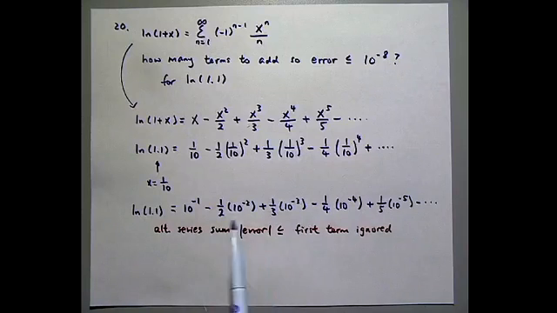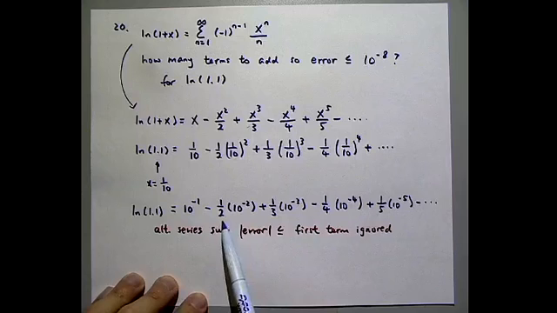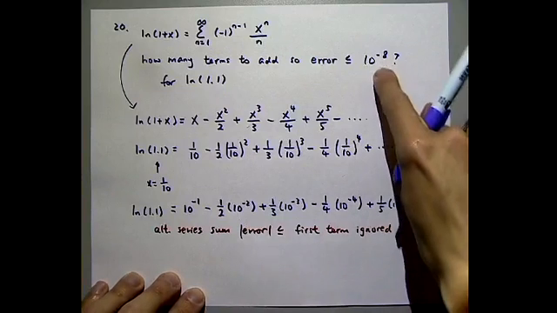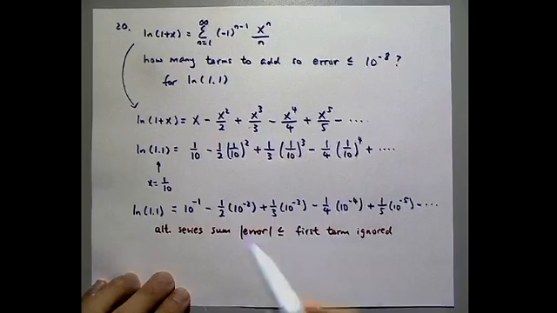So now look at these things here. I want 10 to the minus 8. If I use one term, my error is no bigger than 1 over 2, 10 to the minus 2. So 8 is over here, right? I want this, the part that looks like that, to be the first term I ignore.